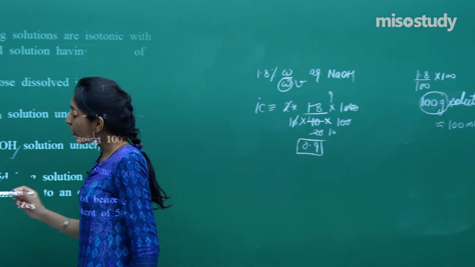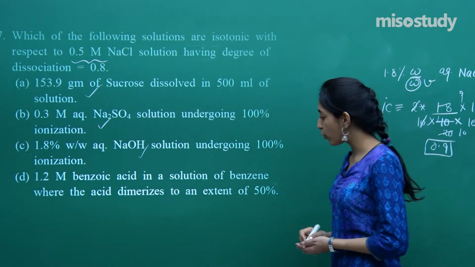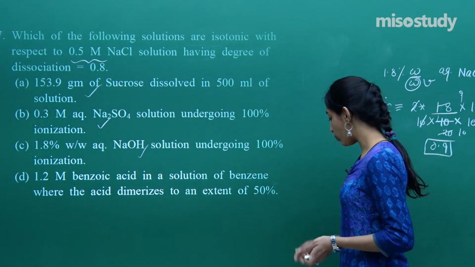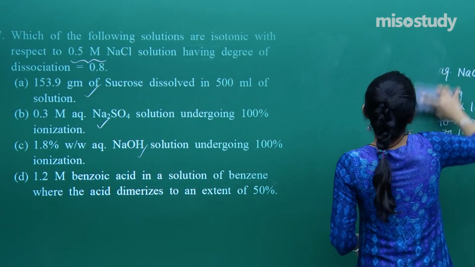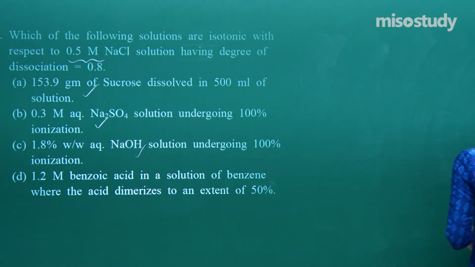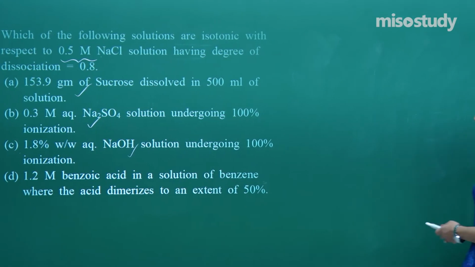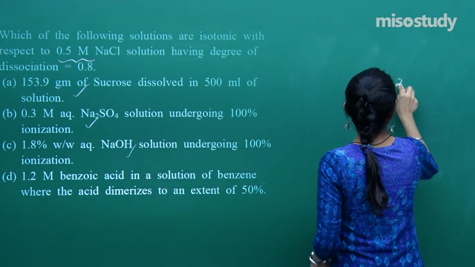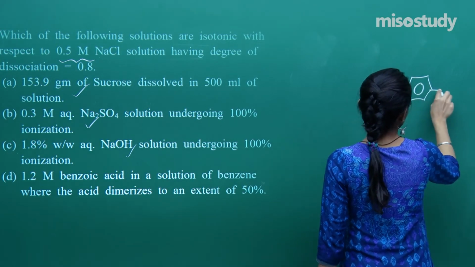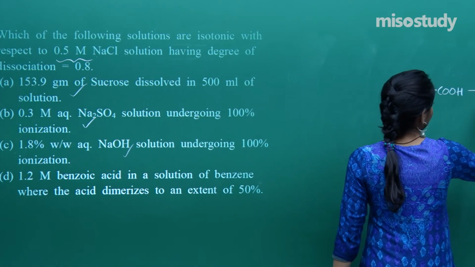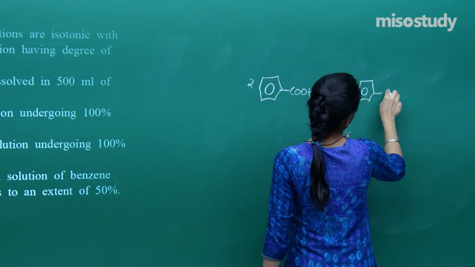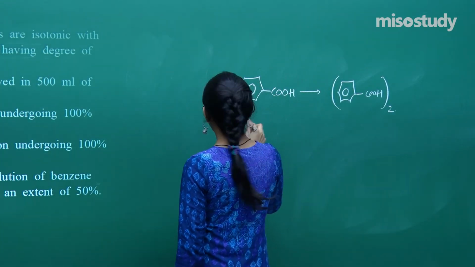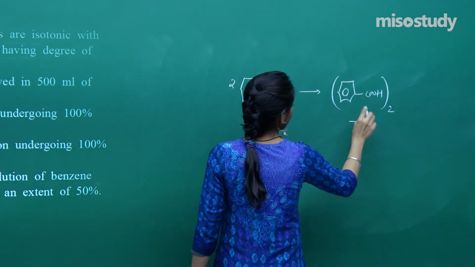Okay. Moving on to the last one, 1.2 molar benzoic acid in solution where the acid dimerizes to an extent of 50%. So if the acid is undergoing dimerization, 1.2 molar benzoic acid is going to form a dimer. This is 1.2 and this is nothing.